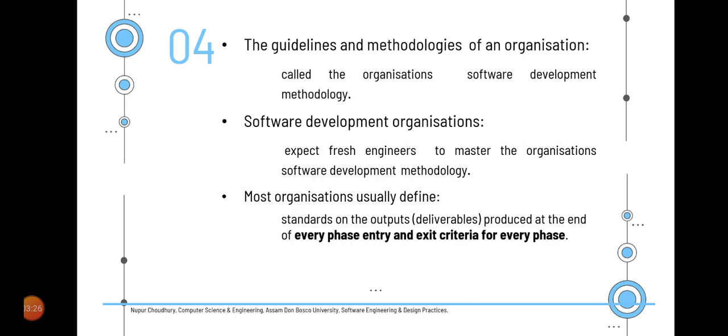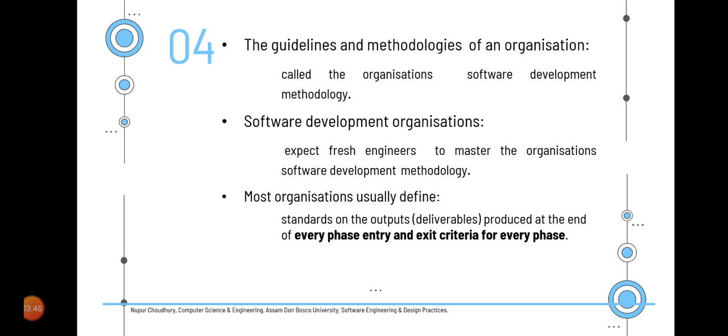Now, every organization has its own set of methodologies for software development, and these organizations expect fresh engineers to master the organizational software development methodology so that it becomes easier for the entire team to work in sync with each other.